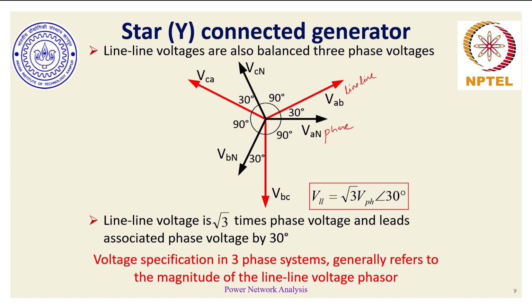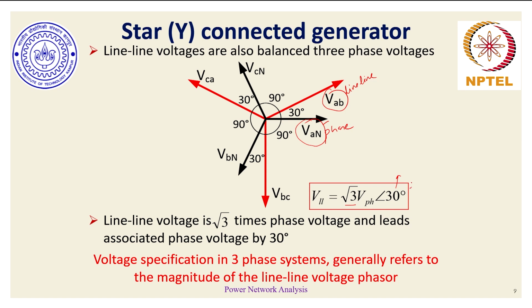Either way I look at it, be it clockwise or anti-clockwise, both sets of voltages, phase voltages and line-to-line voltages, are still balanced. To generalize, if I choose VAB and compare it with VAN, then VAB has a magnitude of √3 times VAN, and the line-to-line voltage leads the corresponding phase voltage, which is VAN here, by 30 degrees.